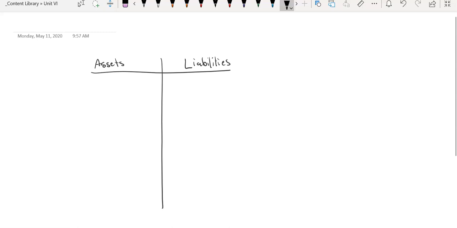What this table does essentially is account for all the stuff that banks have in their possession, some things you could say they own, and things that they owe to others, right? So you're going to see an assets and liabilities table, also called a balance sheet.